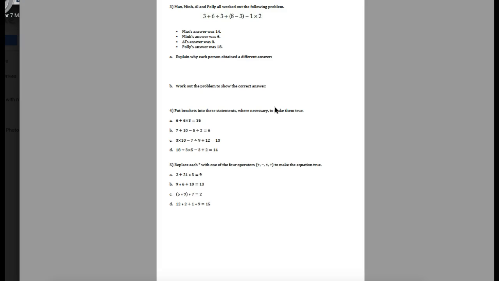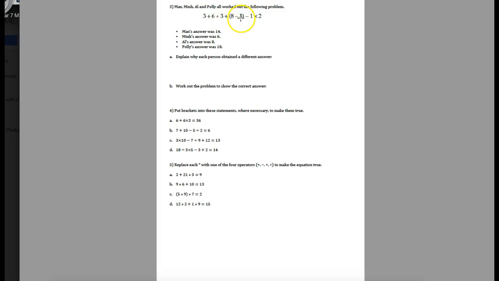So question 3, Max, Min, Al and Polly all worked out the following problem. Okay, so here we have a big expression and we've got all their different answers. So explain why each person obtained a different answer. Well, how did Max get 14?